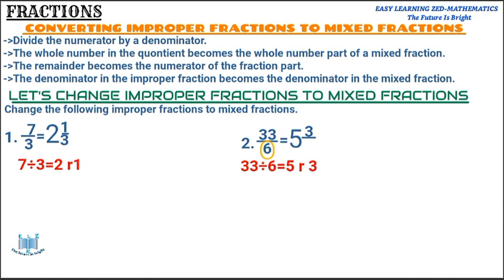So we're going to write 6 there. Now we have come up with a mixed fraction from the improper fraction which was given. So an improper fraction of 33 over 6 will give us a mixed fraction which is 5 3 over 6.